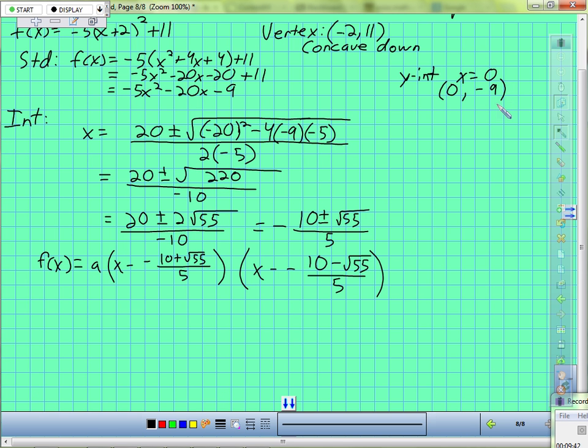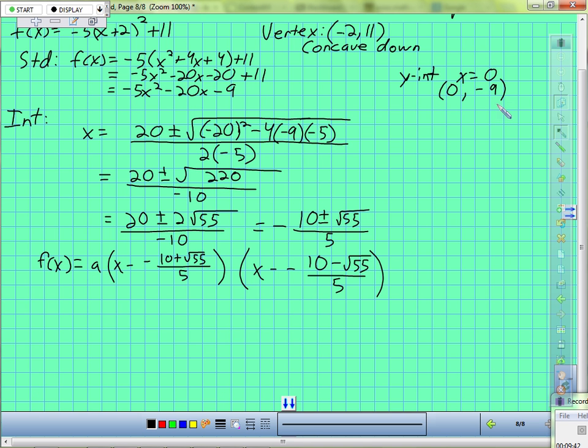So, I'm going to solve for A using this point. Now, could I have used any other point? Yes. I could have chosen 1, I could have chosen 2, I could have chosen whatever. But using the y-intercept's nice because it allows all those things to cancel out. If I had chosen 1, then I'd have to plug in, okay, so I got -5 minus 20 minus 9, what does that play?